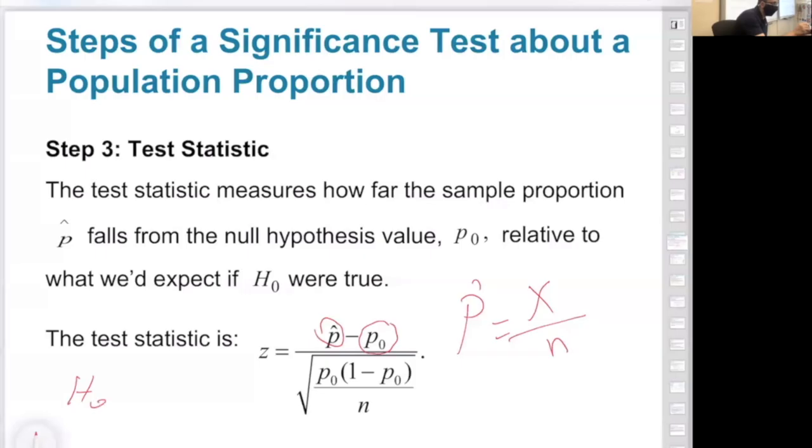If you remember, H naught is P equal to P naught, so this value will be here, divided by the standard error. And the standard error is the square root of P naught times 1 minus P naught divided by N.